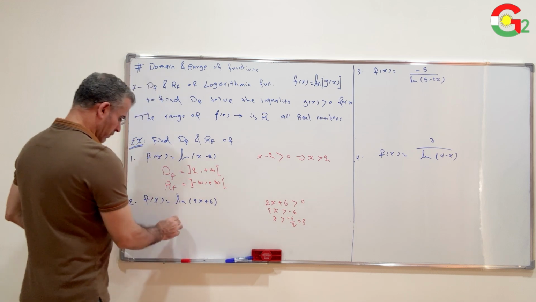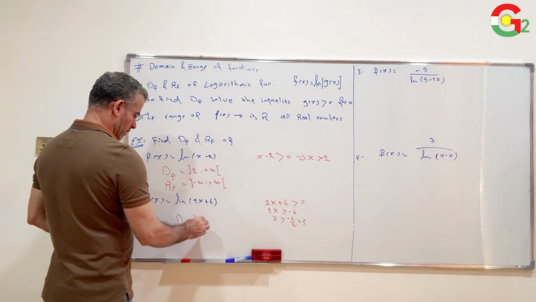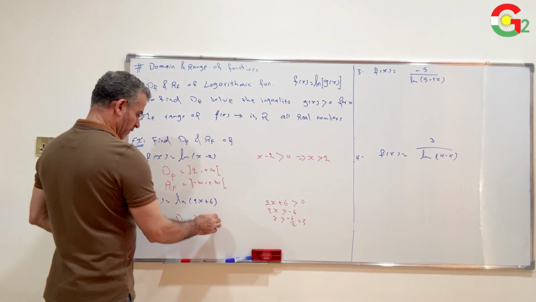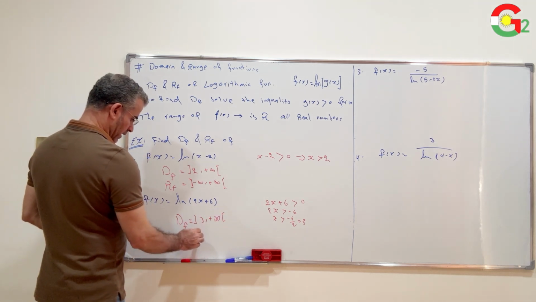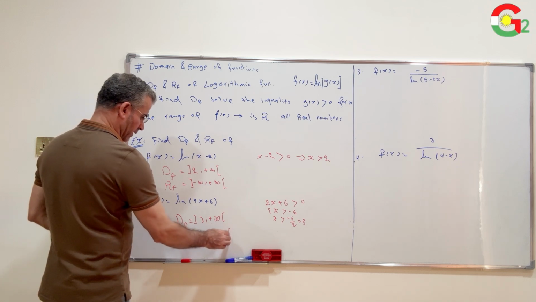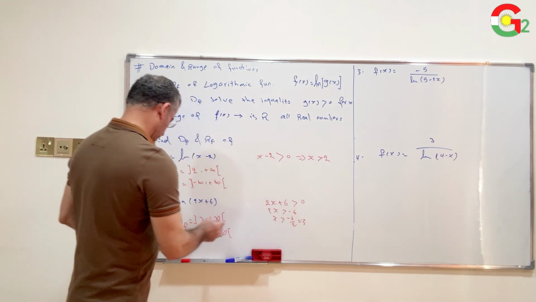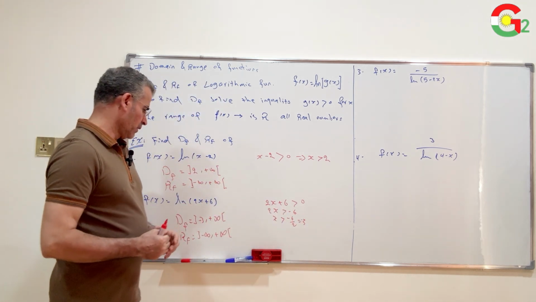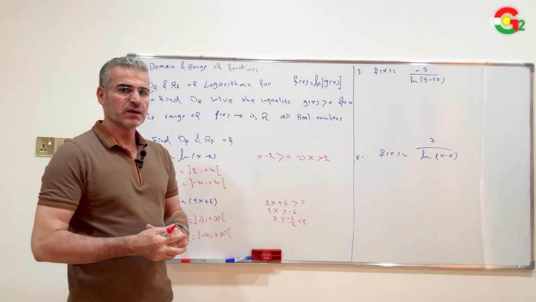Then the domain will be 3 to positive infinity, and the range all real numbers from negative infinity to positive infinity. Sorry, negative 3. Negative 3 to positive infinity is the domain of this function.